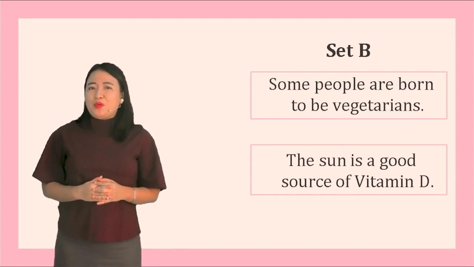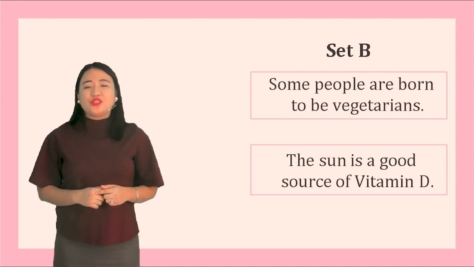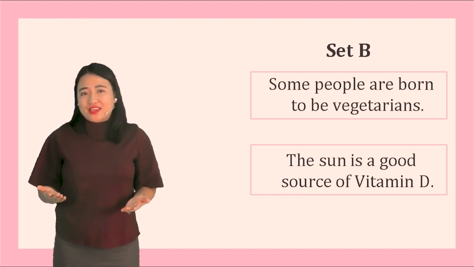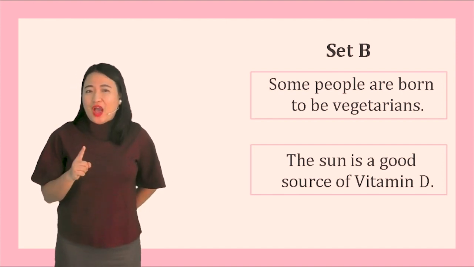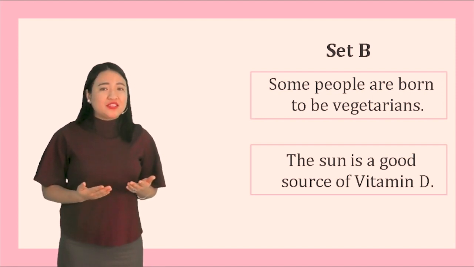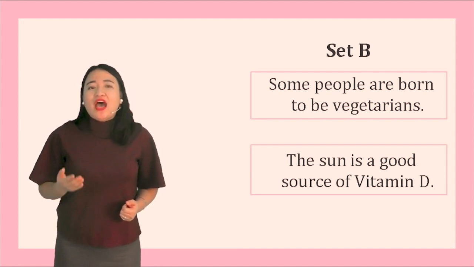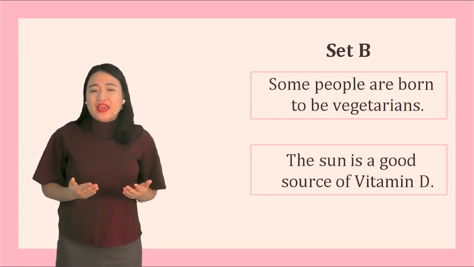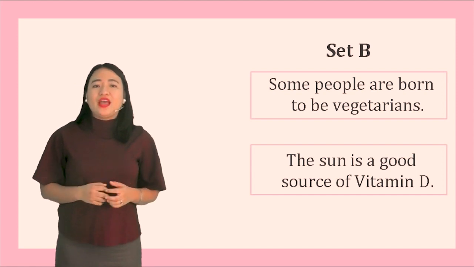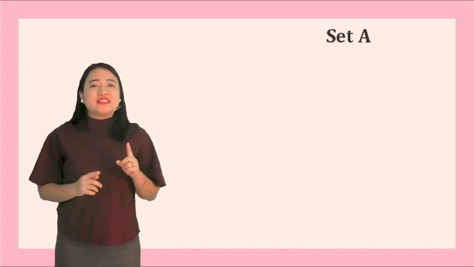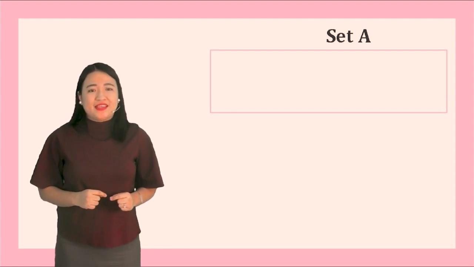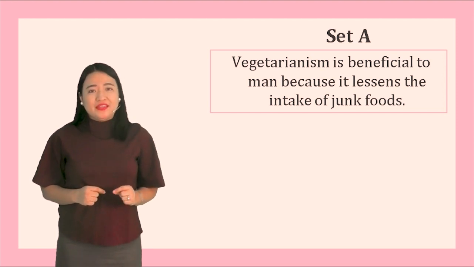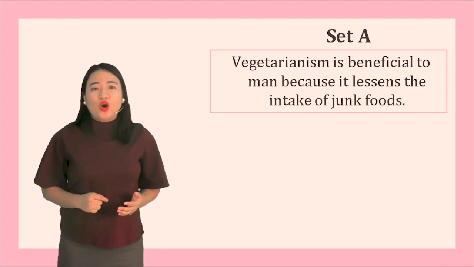Looking into the examples, how different do you think are the examples in Set A as with Set B? Correct! While the topics being discussed seem to be similar, the structure on how these two sets of sentences were created is different. Let us analyze Sentence 1 of Set A. Vegetarianism is beneficial to man because it lessens the intake of junk foods.